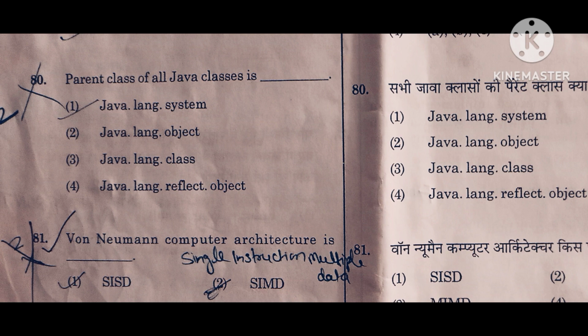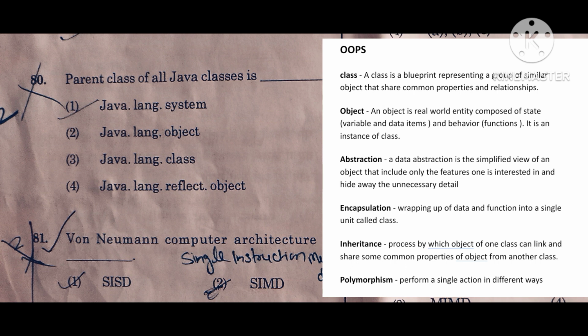One more important thing here is the 4 pillars of the OOPS concept. So what are the important 4 pillars here? Abstraction, encapsulation, inheritance and polymorphism. What is abstraction? Abstraction is simply hiding the unwanted details of a program. What is encapsulation?